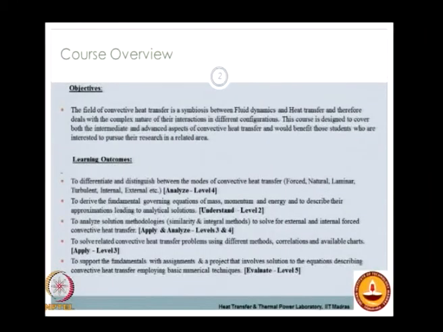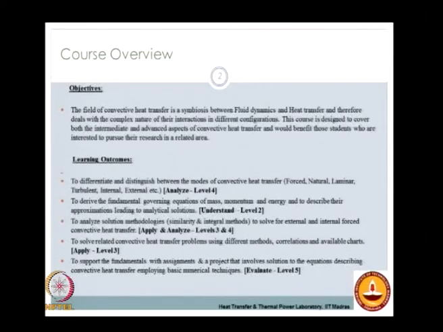So that will be on the level of applying, level 3, and finally you will be not just doing the understanding or applying or analyzing, but you will have to go a little bit higher in the hierarchy of Bloom's taxonomy to level number 5, which is to evaluate.